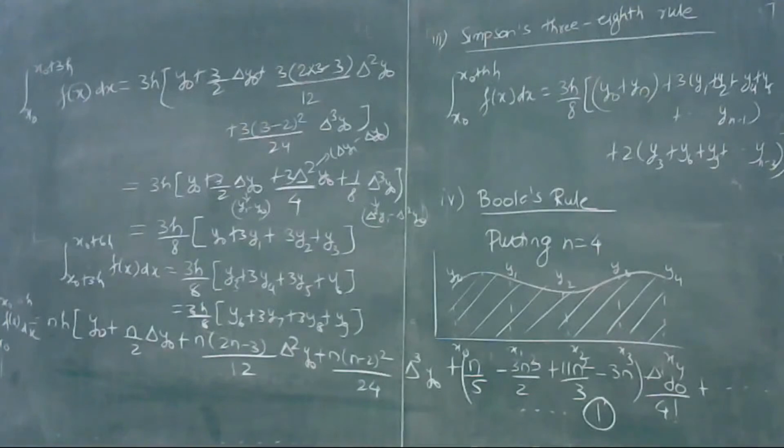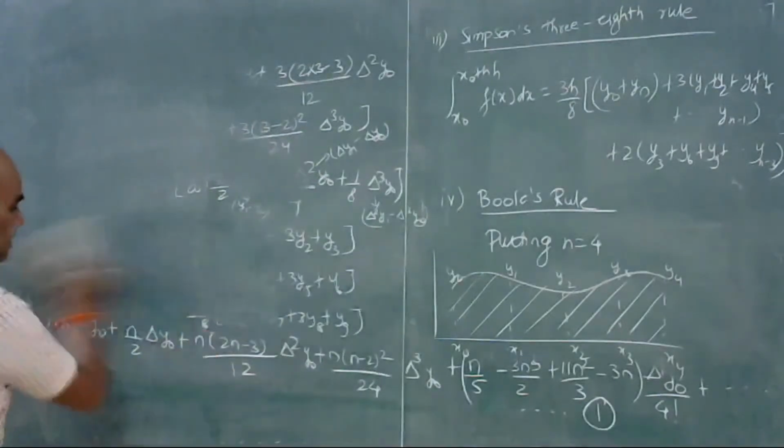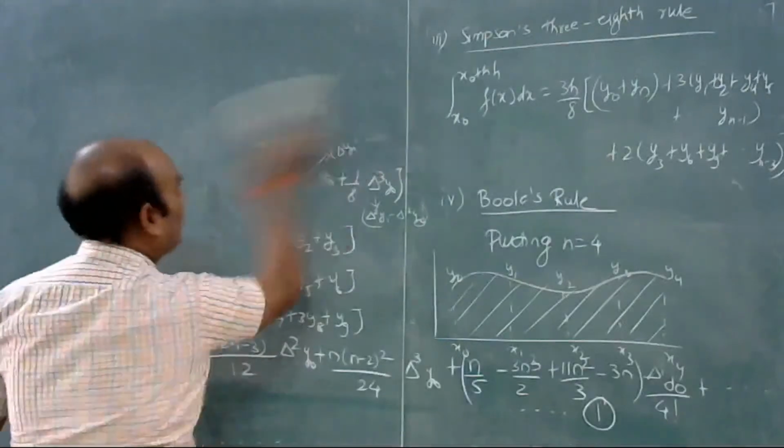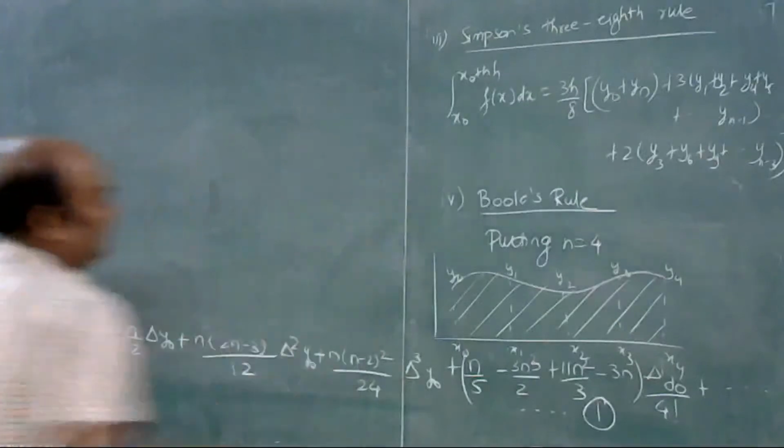So I am directly writing the formula. You can derive it similarly, putting n is equal to 4.